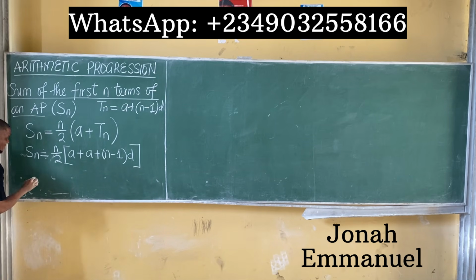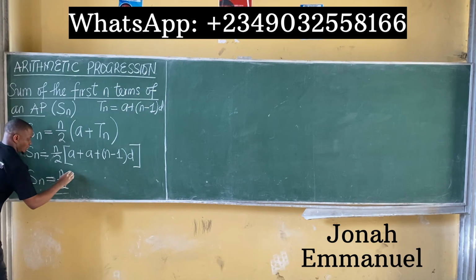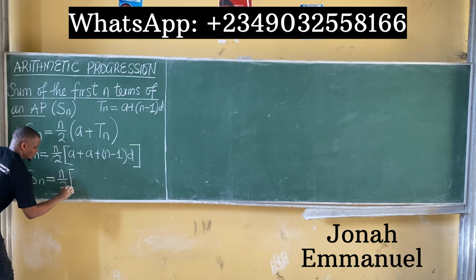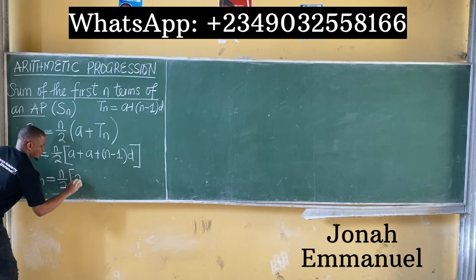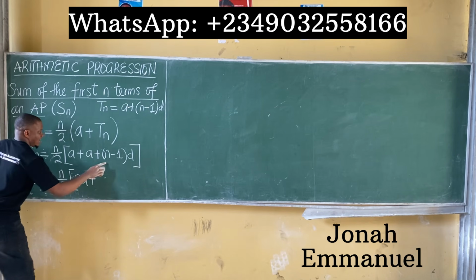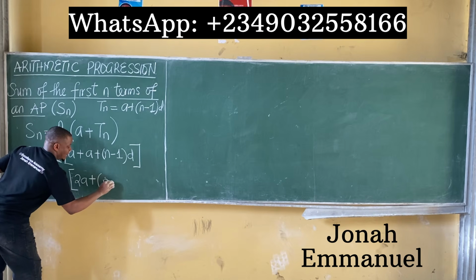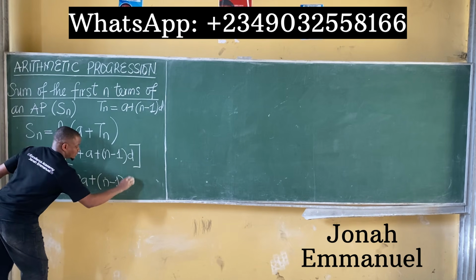Let's combine these terms. Sn will be equal to n over 2 into 2a plus (n minus 1)d.